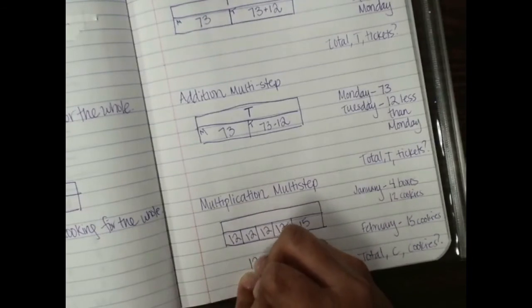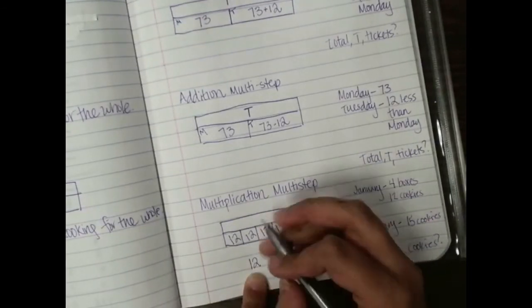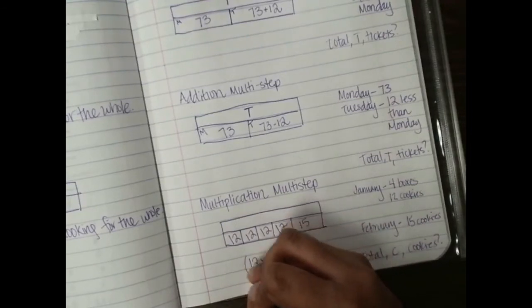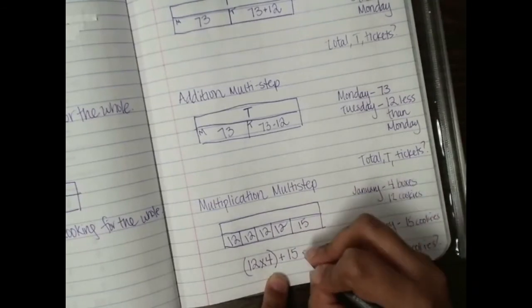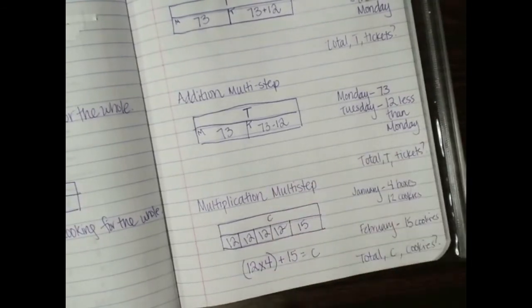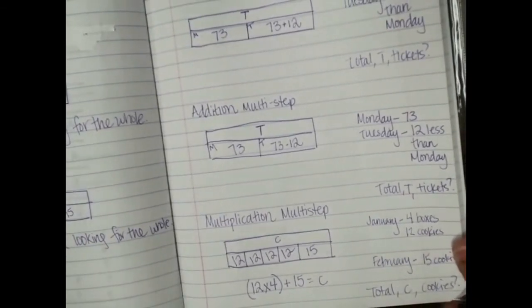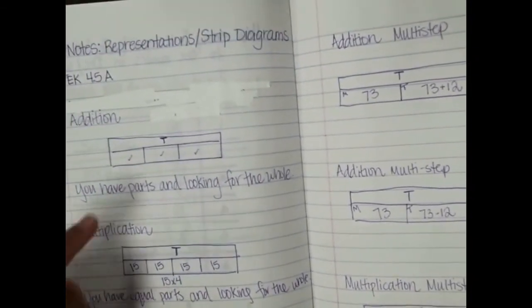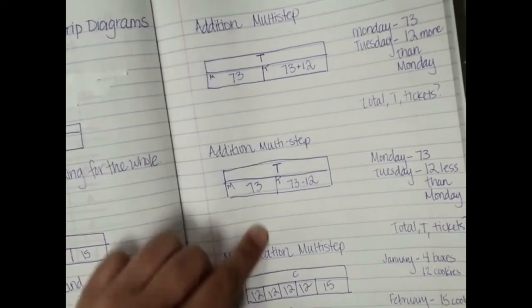I like to write out math problems that help represent it. So if there's 4 parts, 12 times 4, and remember whatever's in parentheses you do first, and then you add your 15, and that's going to be your total cookies. So if you notice, addition and multiplication multi-step all have the total at the top.